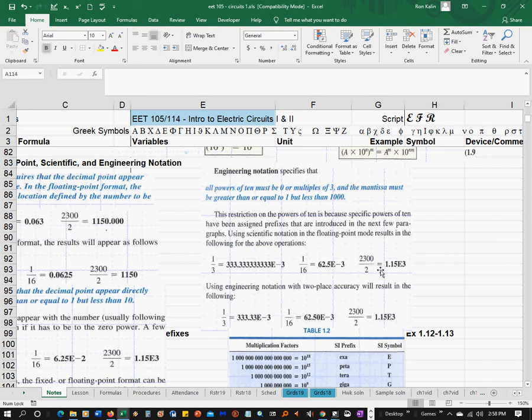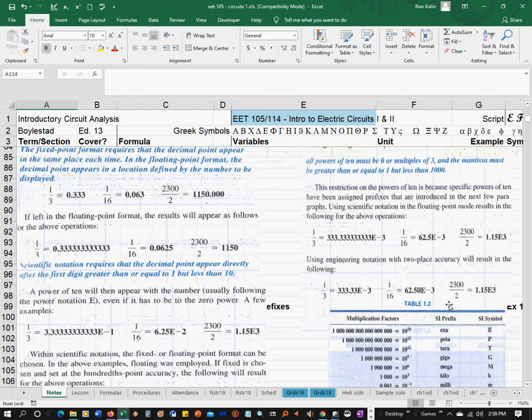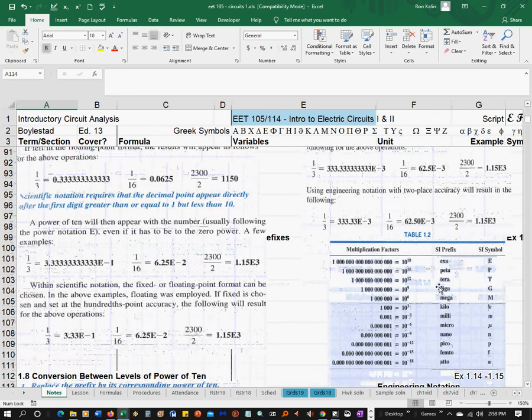Sometimes the book will make it less than 1, like a 0 point, and then 2 or 3 more decimal points after that, then the power. So in engineering, you could see the difference of the notation between scientific and engineering. We always use powers of 3. And then with a 2-place accuracy, it narrows it down to numbers that look like this.